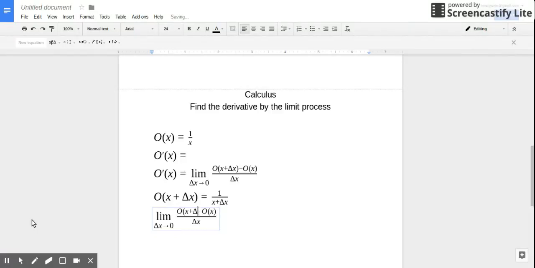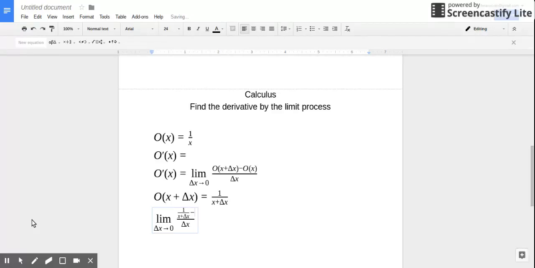All right, so this right here, we found that. Instead of using a tablet, I have decided to go this route for right now. See how this works out.